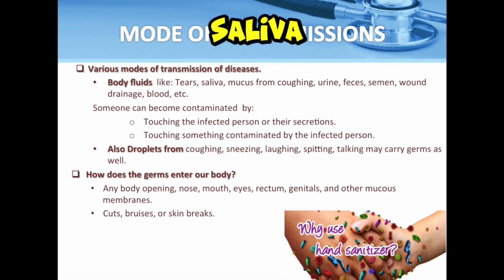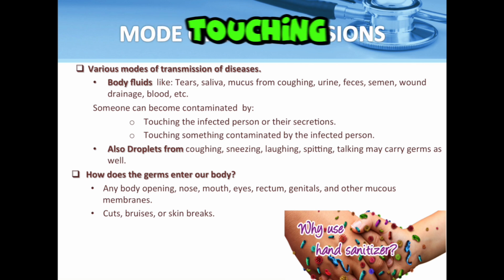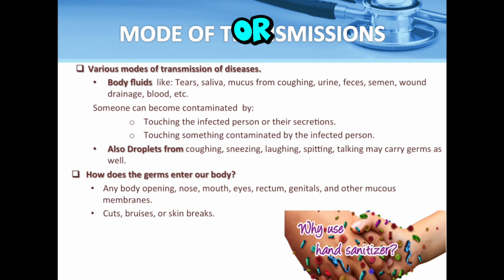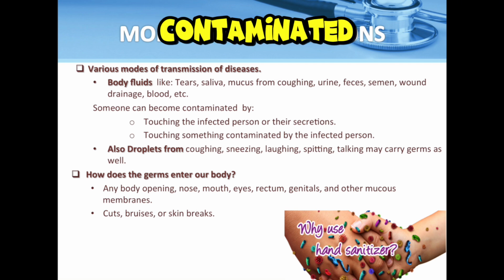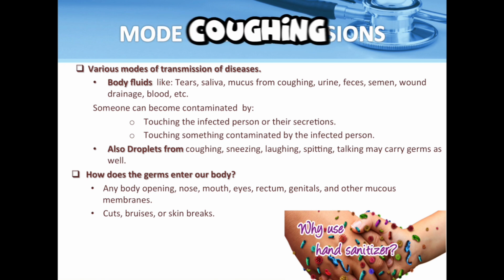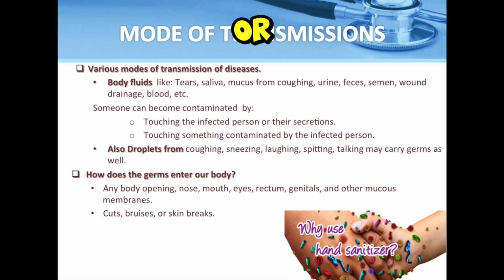Tears, saliva, mucus, cough, urine, feces, semen, all this can cause infection to other people. Someone can become contaminated by touching hard touch surfaces, or something that is already contaminated, or a person who is already contaminated. Just by standing up and talking to somebody who's coughing or sneezing or laughing and spitting, we can get infected as well.